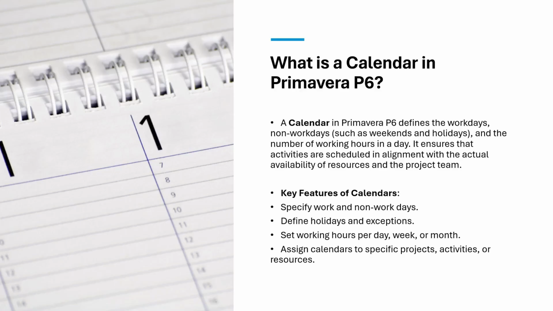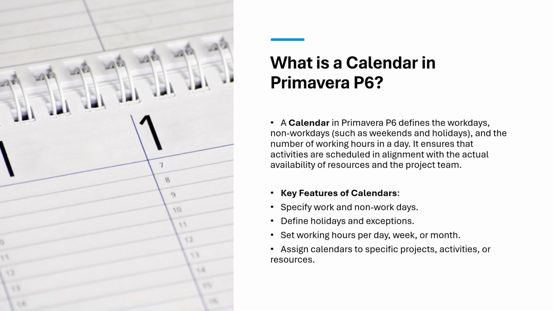So what is a calendar in Primavera P6? Basically in every country, in every organization, there is a timetable of working: on which day there is a holiday, either Friday, Saturday or Sunday, what is the office work timing, 8 to 4 p.m., 8 to 5 p.m., break time 1 to 2 p.m. So how will you tell your software?